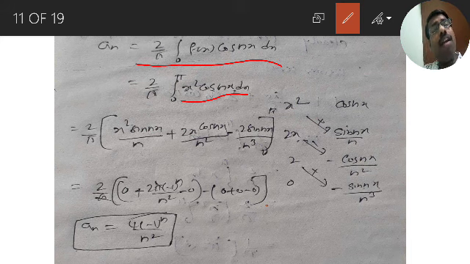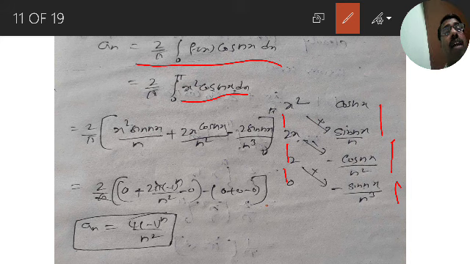For x square, we need to find derivatives, and for cos nx, we need to find integrals. X square derivative 2x, and 2x derivative 2, derivative 0. Cos nx integration sin nx by n, and sin nx integration minus cos nx by n square, and further integration minus sin nx by n cube.